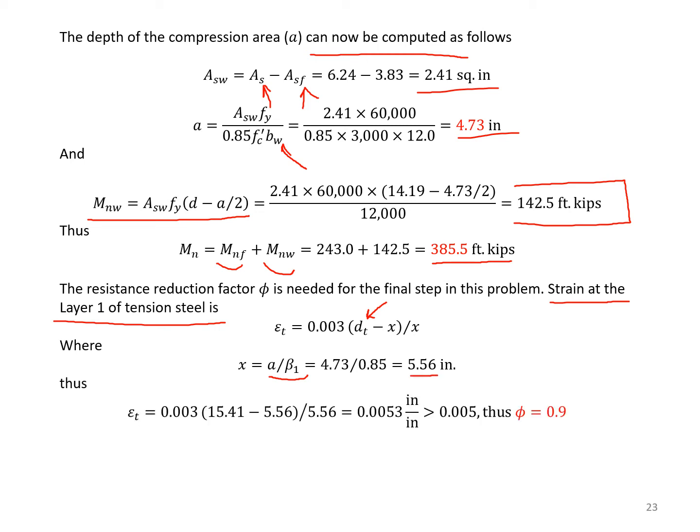Put it in the equation for epsilon t, we come up with 0.0053 inches per inch, which is slightly over 0.005. Therefore, our phi is equal to 0.9. Multiply that by Mn, we end up with the factored resistance for this section, which is 347 foot kips.